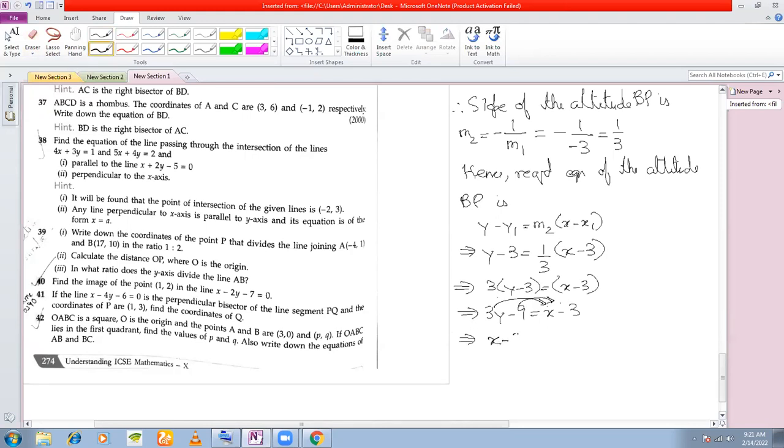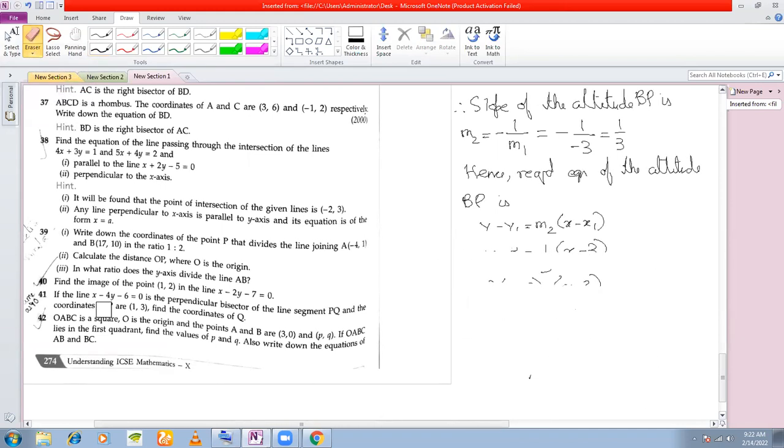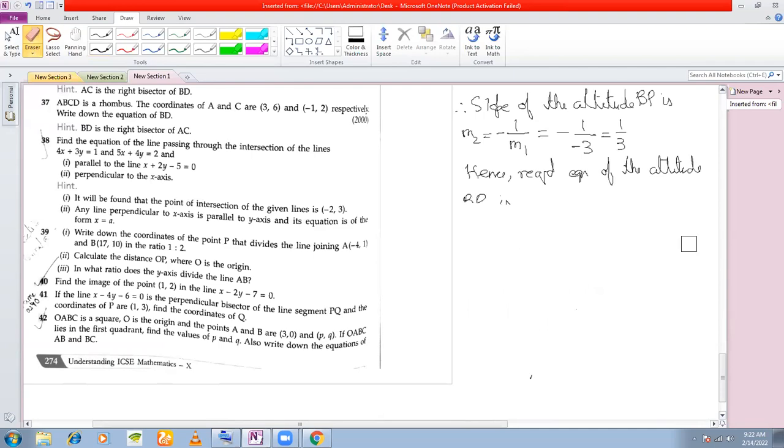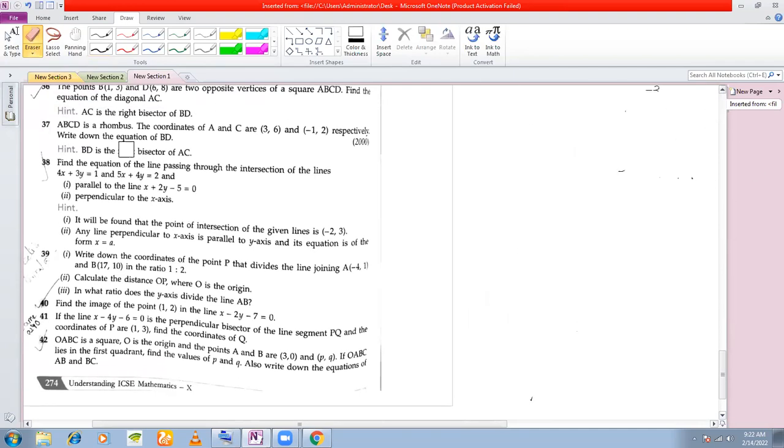So you get x minus 3y plus 9 minus 3, x minus 3y plus 6 is equal to 0. This is the required equation of the line, of the altitude BP. Okay, that finishes this question. Let's proceed to the next question.